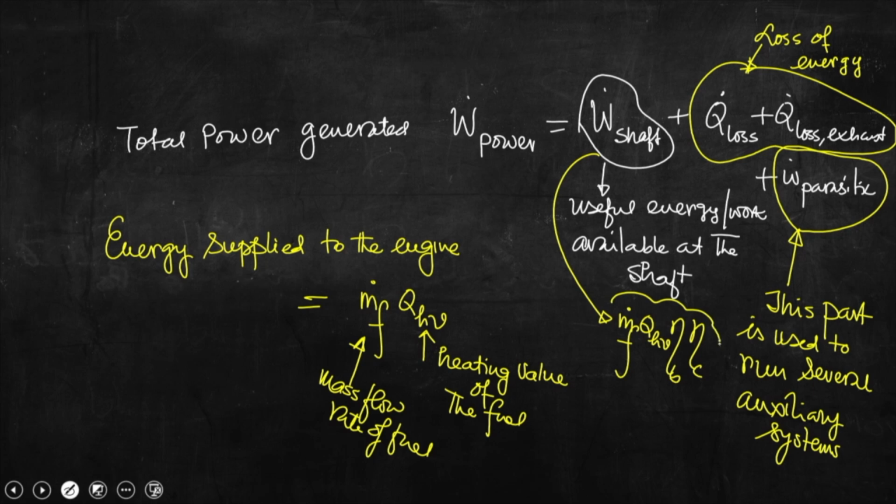So, this is the expression of the useful work which is available at the shaft. So, that means essentially this minus this, that is m dot f into q h v into 1 minus eta b into eta c. So, this is break thermal efficiency, this is combustion efficiency.